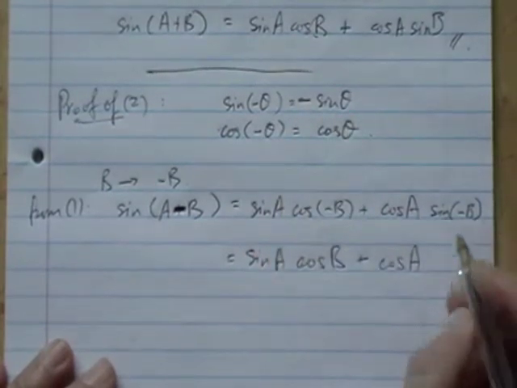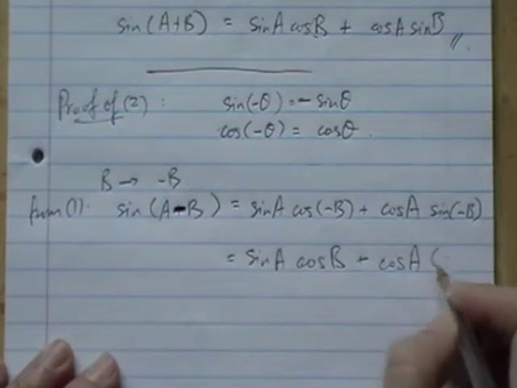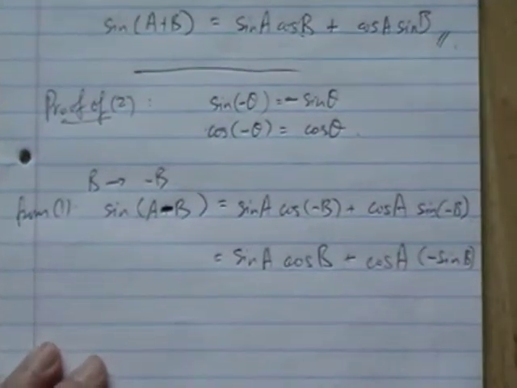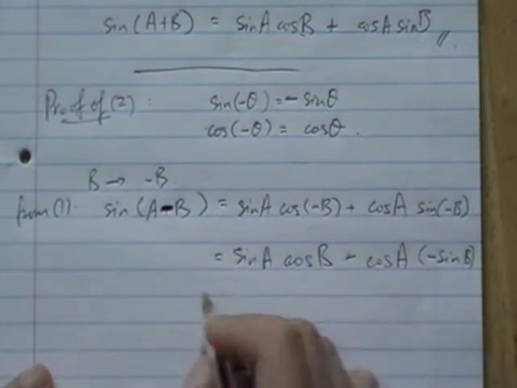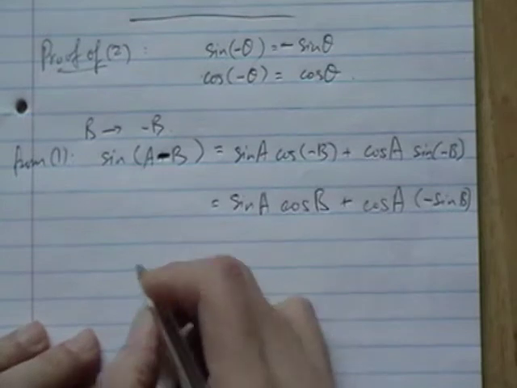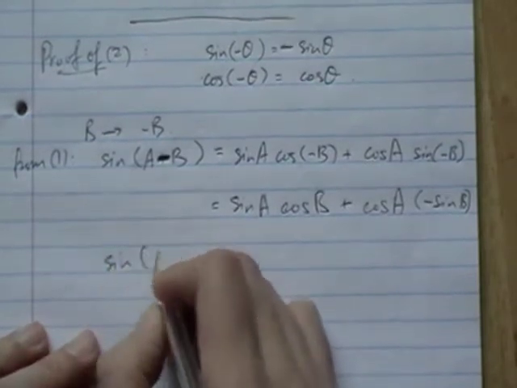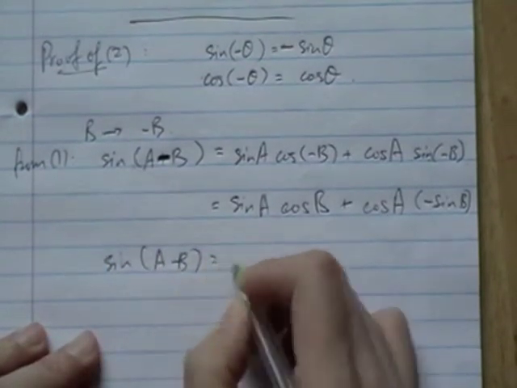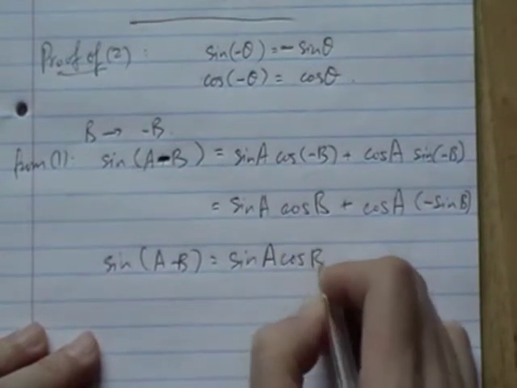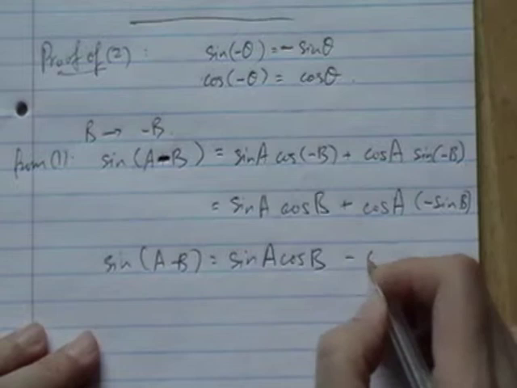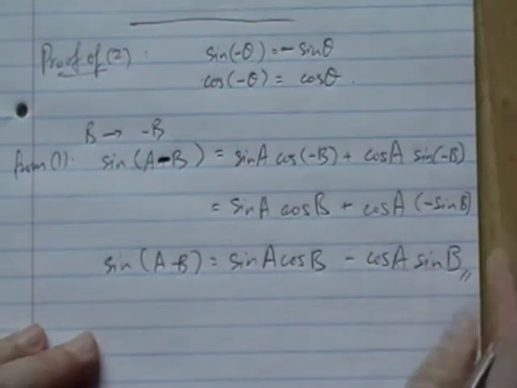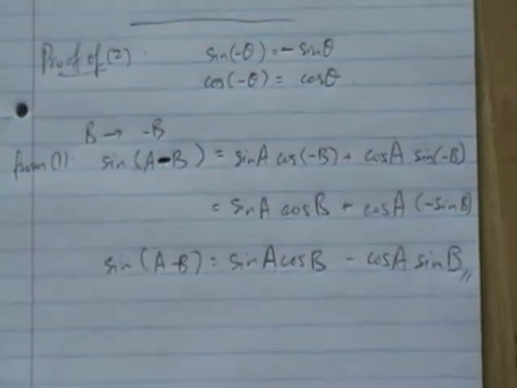So sine minus b would become minus of sine b. Okay, and now therefore I have the result that I want. Sine a minus b is equal to sine a cosine b minus cosine a sine b. So this proves the second identity.